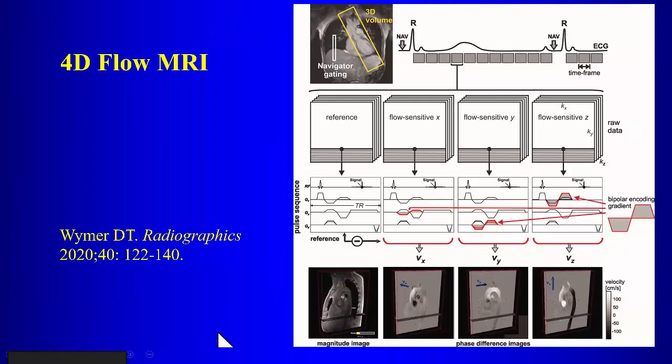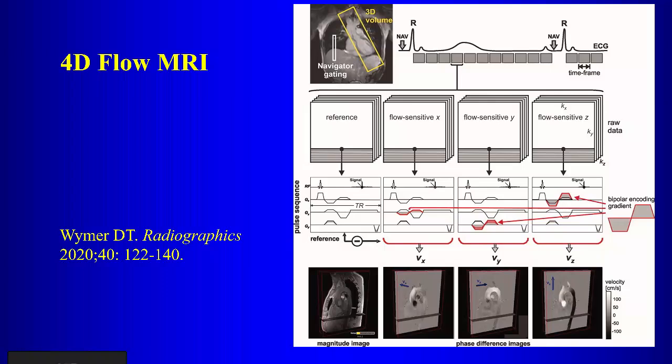Okay, so far, that's two-dimensional phase contrast imaging. There is also three-dimensional phase contrast imaging, which is really called 4D flow. You know what the three dimensions are. The fourth dimension is time. What they do here is apply the phase encoding gradient not just in the transverse plane when we're looking at the vessel in cross-section, but in all three dimensions.